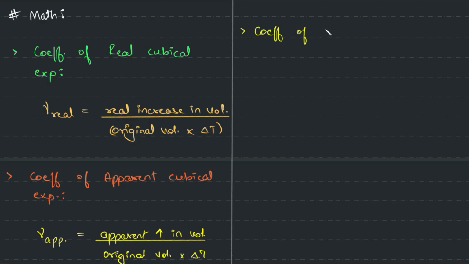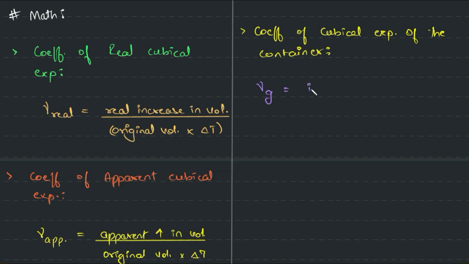Okay. Coefficient of cubical expansion of the container. This is the third thing that we need to consider. And it's generally G, for glass and so on.